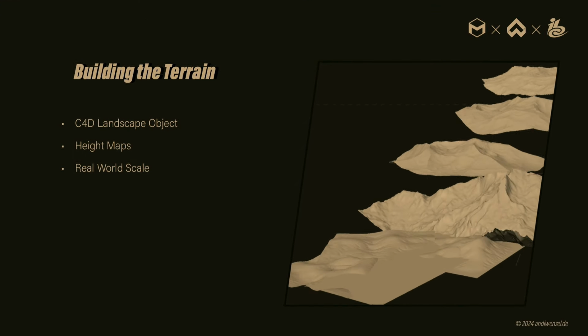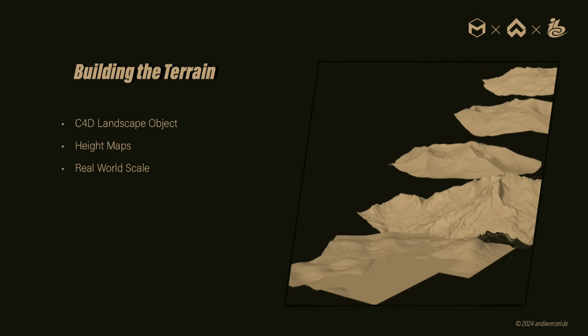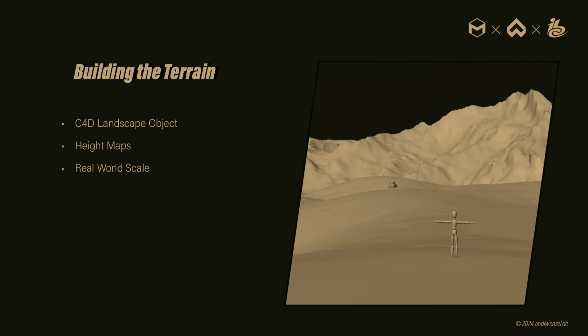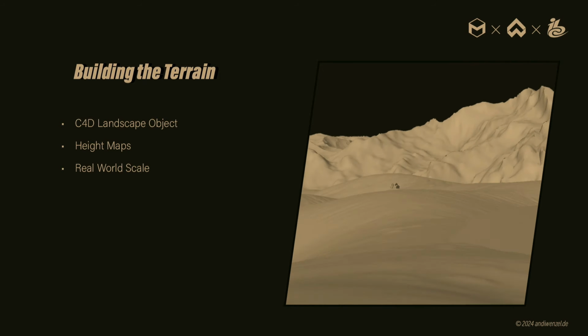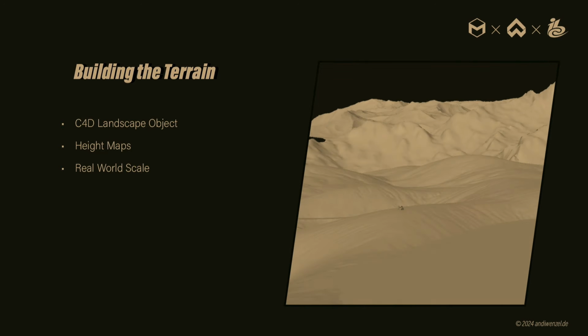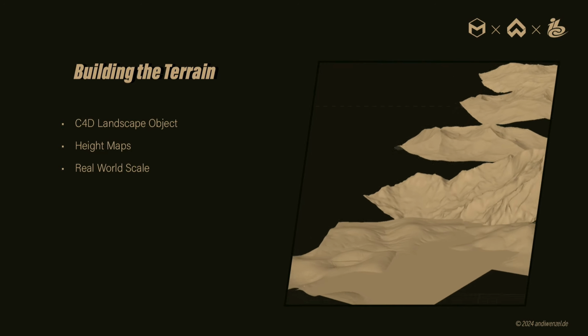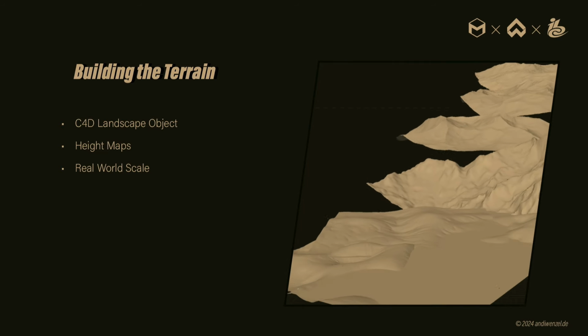All right, another thing is that I always build my scenes in real-world scale. The main reason for this is to stay consistent throughout all your assets, so you don't have to think about what scale this should be to look right. You just use the real-world scale. If you're putting in a house, you know how big a house is, and you use these values.